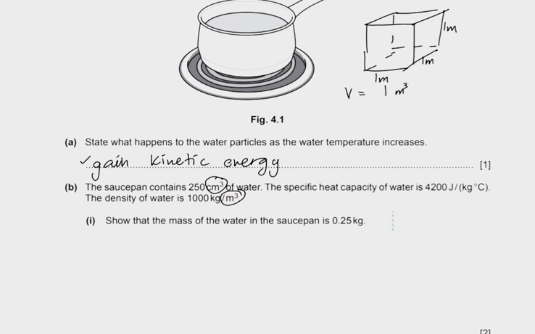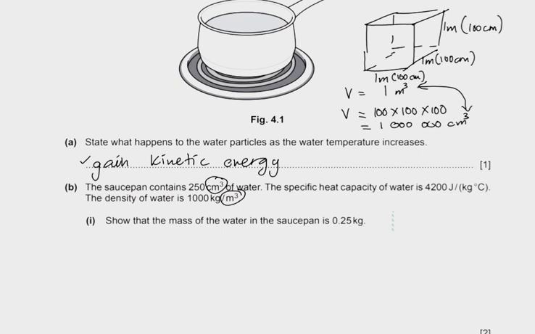But we know very well that 1 meter is actually 100 centimeters. Also here we have 100 centimeters. So if we calculate the volume in cubic centimeters, it means 100 times 100 times 100. I'm just trying to look for a relationship between the two. This will give us 1 million cubic centimeters. So that's the relationship that exists between the two units. Hope that makes sense.